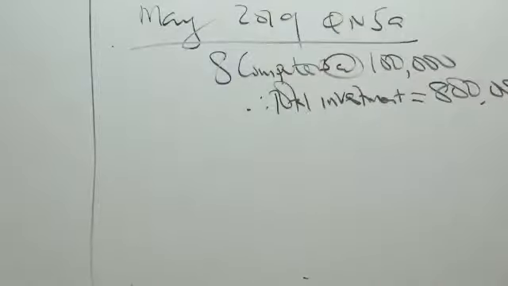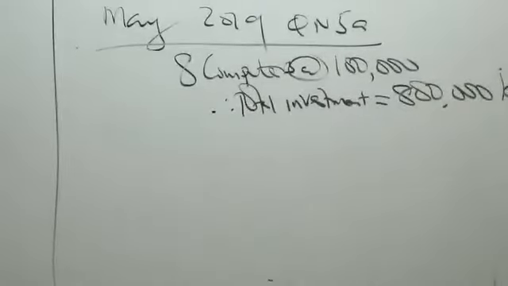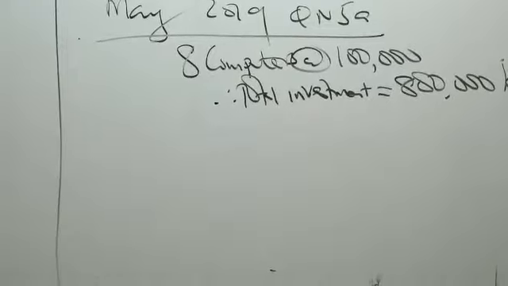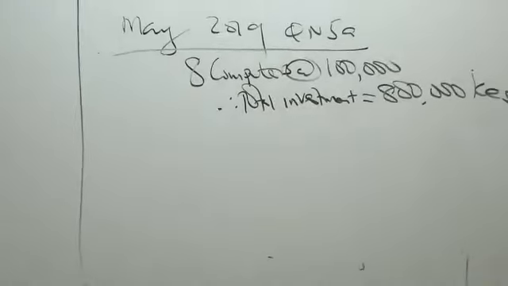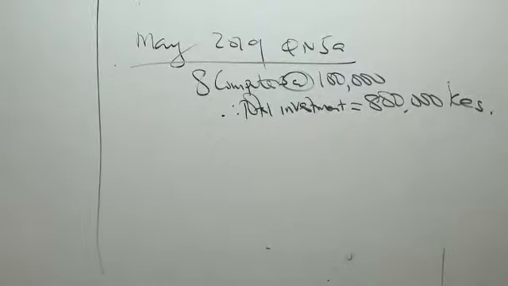So I'm trying to look at the low-hanging fruits here. Like that investment, not many students were able to get that right. Great. So 800,000 Kenya shillings.